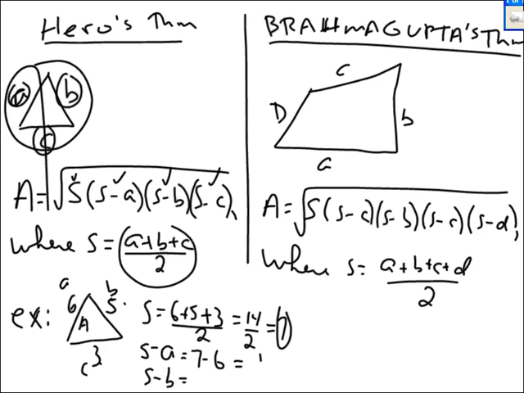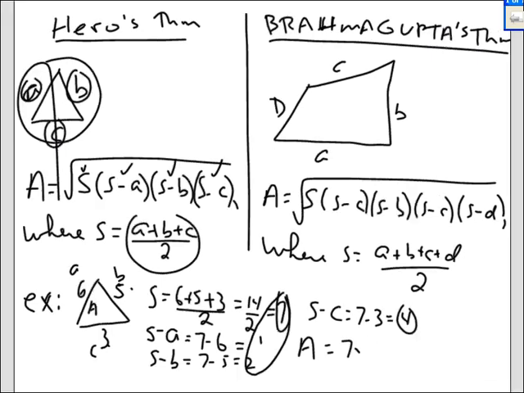S minus B is 7 minus 5, which is 2. And S minus C is 7 minus 3, which is 4. So we're done. The area is, you multiply those four numbers, 7 times 1 times 2 times 4. You take the square root of it.